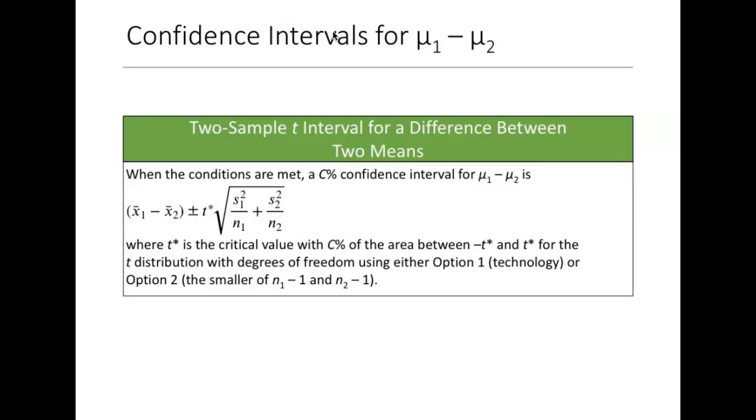All I need you to do is notate how many degrees of freedom your calculator tells you it has. If we were doing it by hand, the way to do it is just choose the smaller of n1 minus 1 or n2 minus 1. So whichever one is smaller is your degrees of freedom. But again, we're not going to worry about that. You're going to run the whole thing in your calculator, and it'll spit out some degrees of freedom that you'll just copy down.